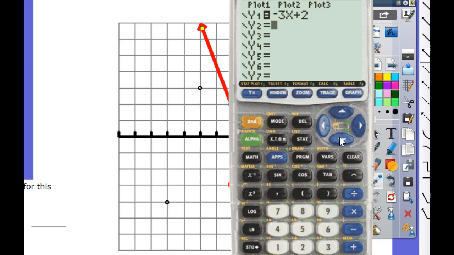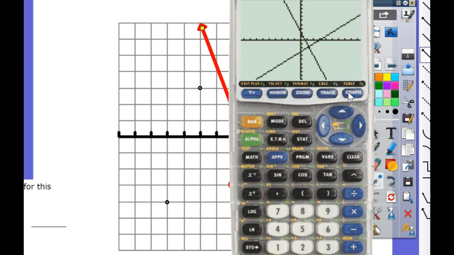The other line is x minus 3. Graph it. Now, are you there? Can I have you look up at the screen for a minute? If I trace it, do you see that the spider is on that line? The real name is cursor, but I usually call him a spider. You see how it's on that line? I need to know this line.